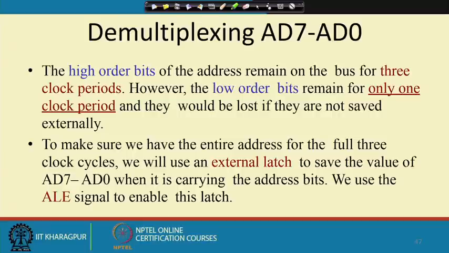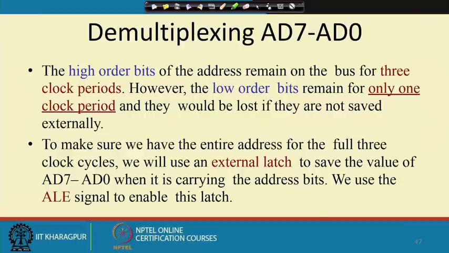The A8 to A15 will be held for all the 3 clock cycles, but A0 to A7 are held for only 1 clock period, and naturally you need to latch them externally or save them externally, so that they are not lost in the remaining 2 cycles. To make sure that we have the entire address for the full 3 clock cycles, we need to use some external latch to save the value of AD0 to AD7 carrying the address bits.